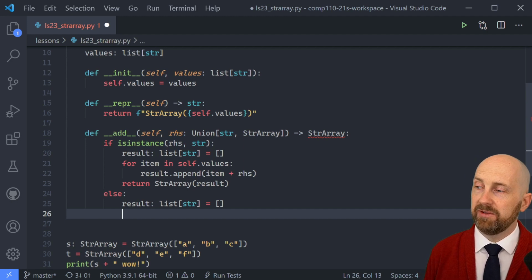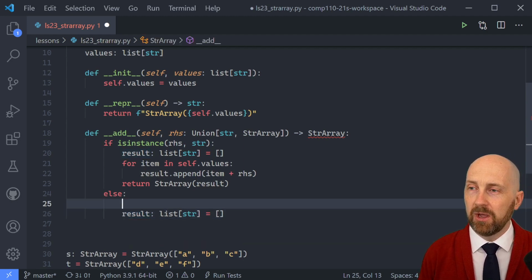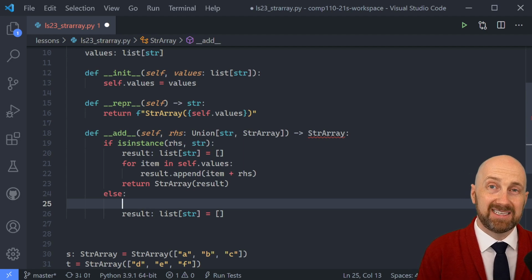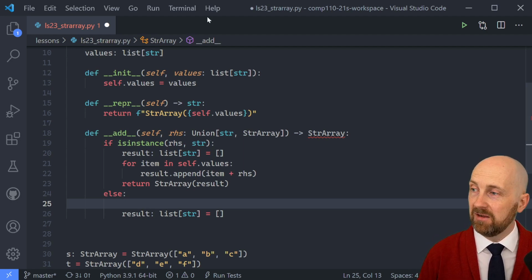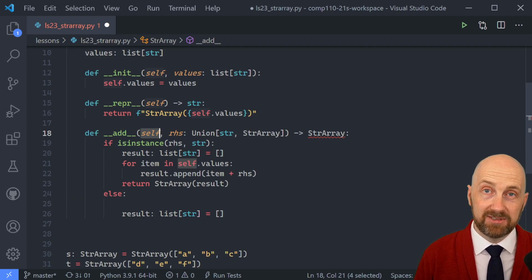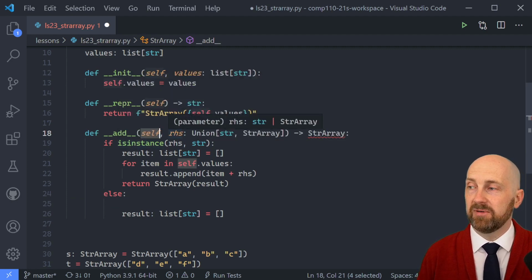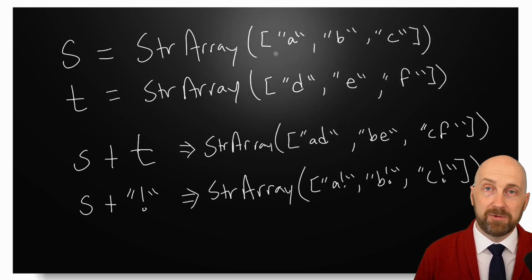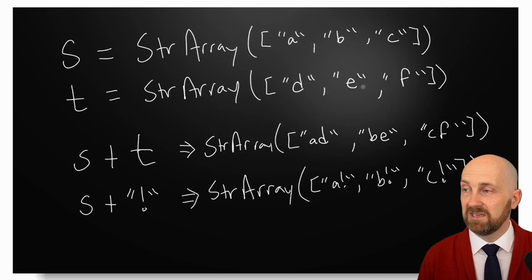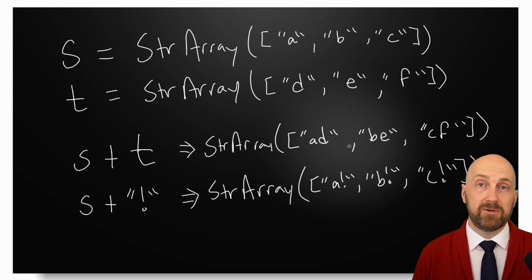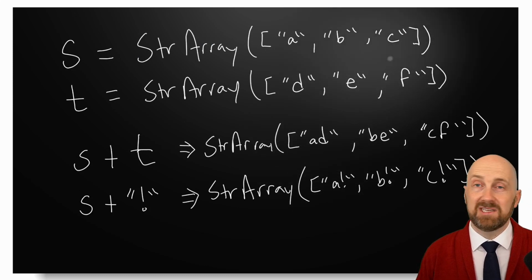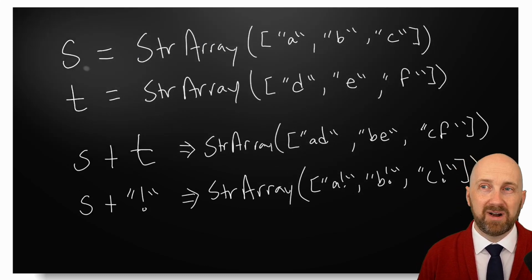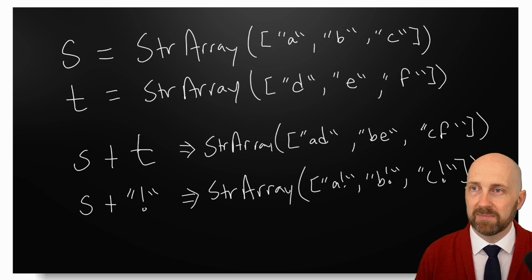In fact, before we even worry about setting up a list of strings, one of the things we should probably do is convince ourselves that there are the exact same number of strings in the left-hand side of this expression, which is the self parameter, and the right-hand side, right? This worked out because there were 3 strings in S and 3 strings in T. So we wind up having 3 strings total. But if one of these had 3 and the other had 4, we should probably do something about it.